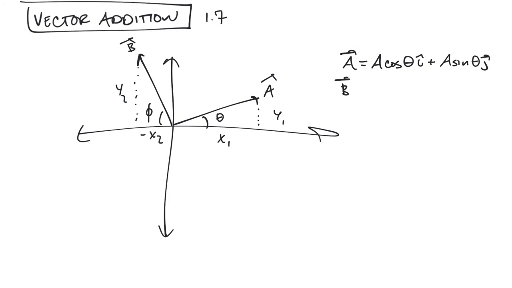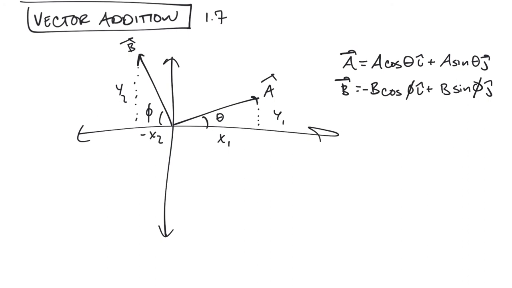And B is B cosine phi, sorry, it's been a long weekend, in the negative i direction, plus B sine phi j. So that's what we would have written out. If you actually had lengths and angles, you could calculate them.